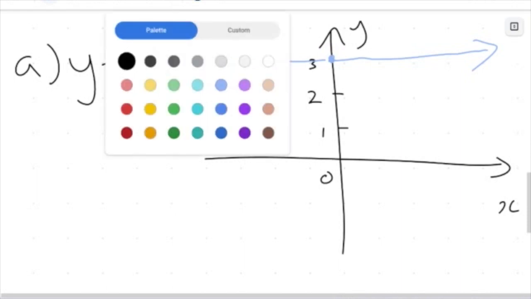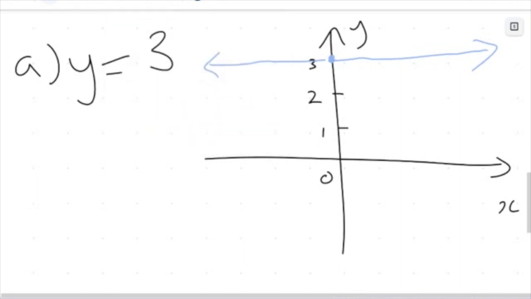Now let's do another example. X equals -4. So we want to locate -4 here. We have -1, -2, -3, -4. And let me label these graphs too. Y equals 3.